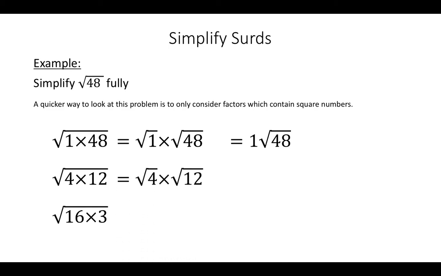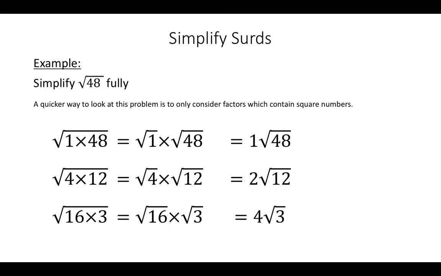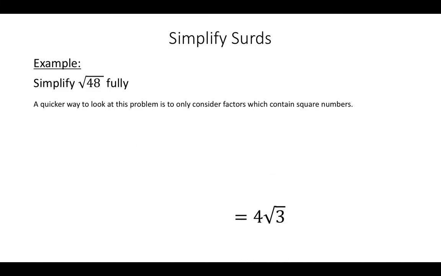The second one does simplify, and it gives us 2 root 12. And the third one simplifies, and it gives us 4 root 3. So if we bear in mind what happened in the last question, we can ignore the root 48 and the root 12 versions, and only consider the 4 root 3 version. So we now know that the square root of 48 can be written as 4 root 3 in its simplest form.